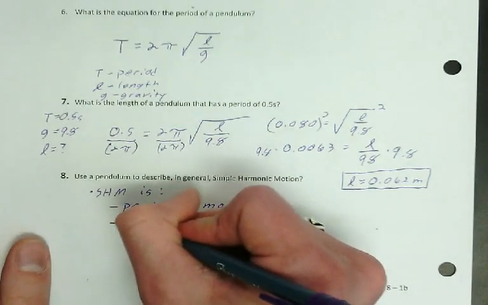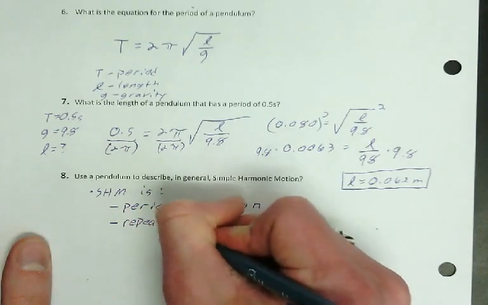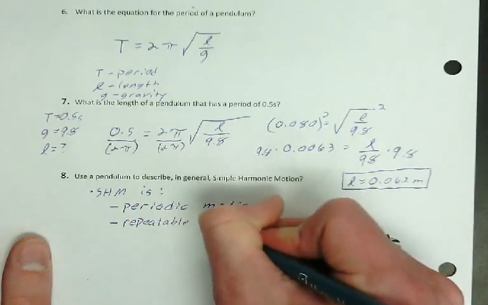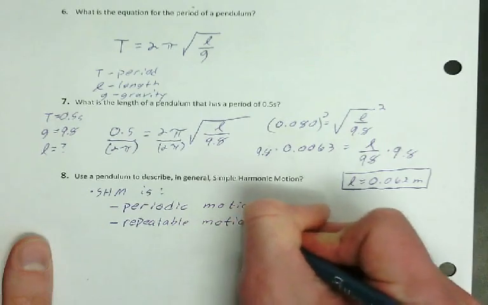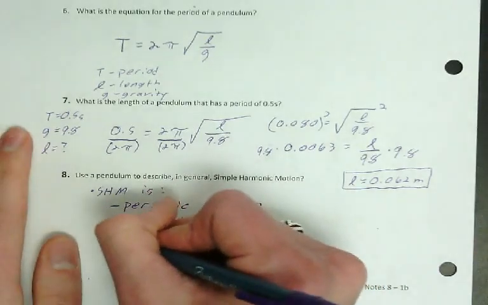It's repeatable motion, so you can do it over and over again. And there's a reason why it keeps moving. It has a restoring force to bring it back to equilibrium.